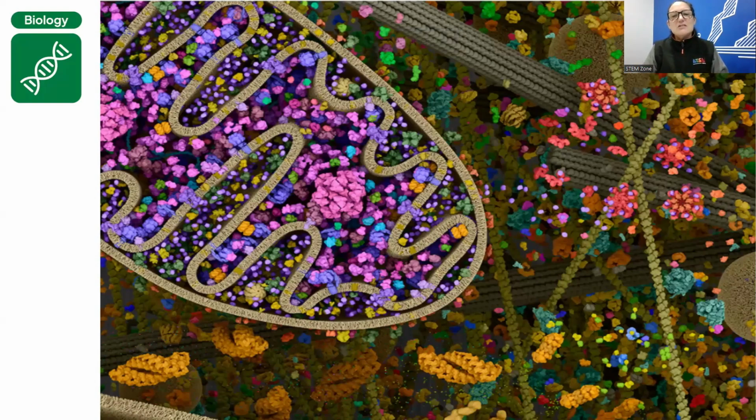This is an image of a mitochondria, and every different coloured piece there is a different molecule found within the mitochondria. It's a big representation of the complexity of all the reactions happening in a cell. You can see that the mitochondria has an outer membrane, and then this beautiful folding cristae, that inner membrane going throughout the mitochondria.